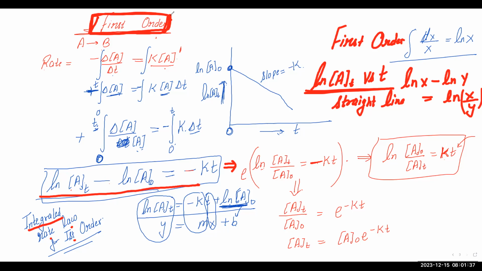Okay. Now, children, as I said, half-life of the first order is very important. So I'm taking you now to the next whiteboard and I'll talk about the half-life of the first order. Half-life. So what's the meaning of half-life?